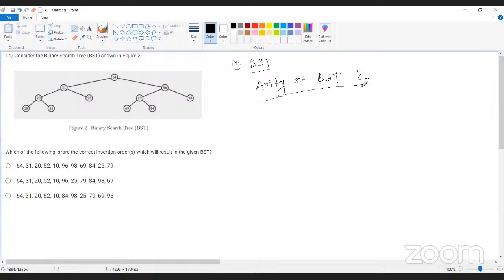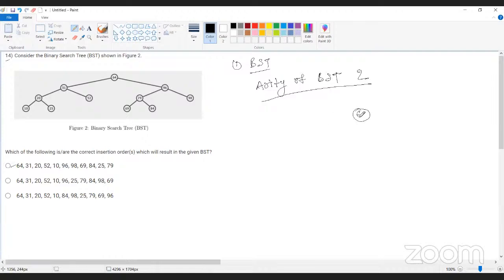Yes, sir. Okay. So in this example, consider the binary search tree shown in figure 2. Which of the following is the correct insertion order which will result in the given BST? So let us insert the option's nodes in the BST.